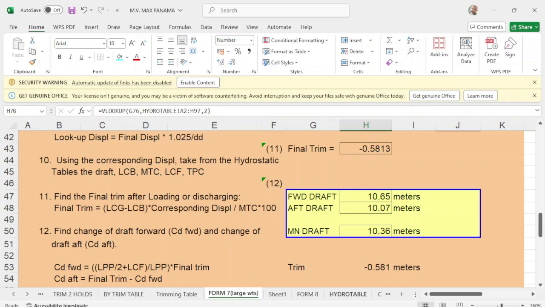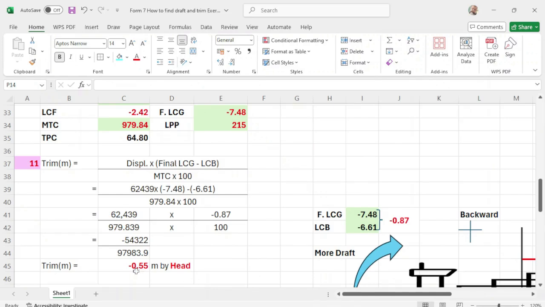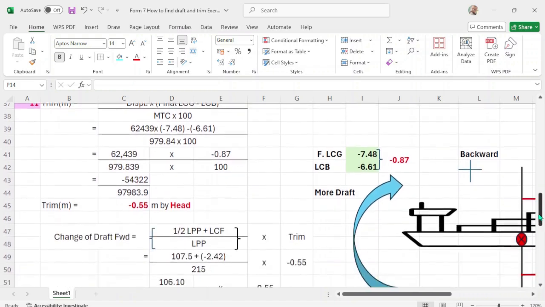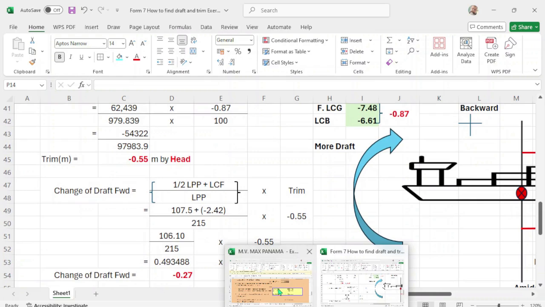But in my computation, I got negative 0.55 by the head. Okay, continue. Then you go to the change of drop forward, which is this one, guys. Change of drop forward.